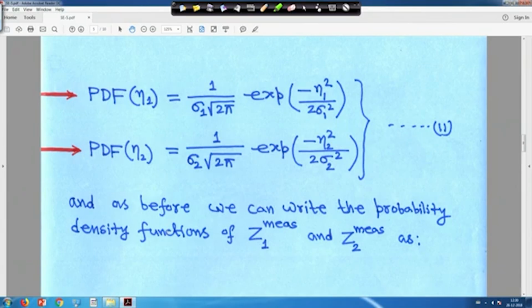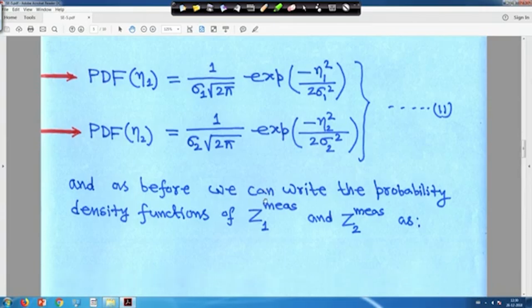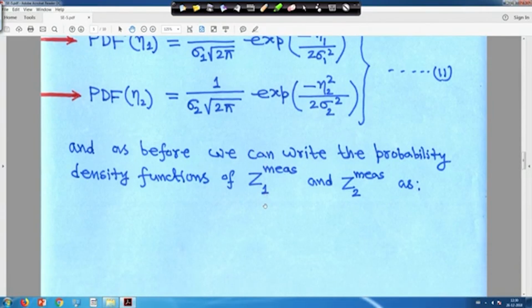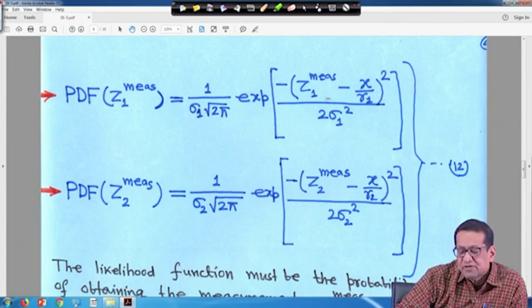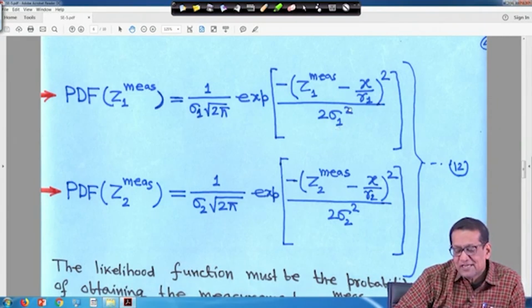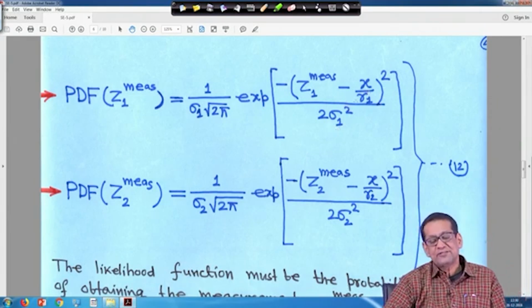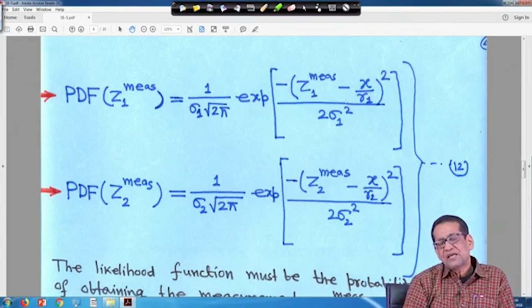And as before, we can write the probability density function of z1 measure and z2 measure. PDF z1 measure is equal to 1 upon sigma 1 root 2 pi e to the power minus of z1 measure minus x upon r1 whole square divided by 2 sigma 1 square. It is a parallel circuit, so z1 true will be x upon r1.